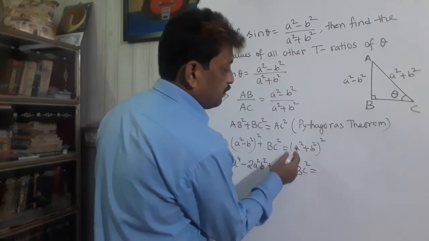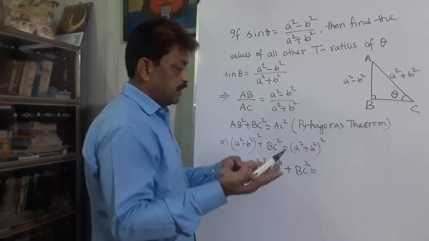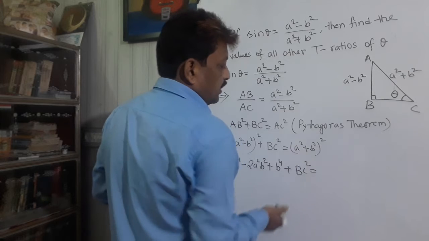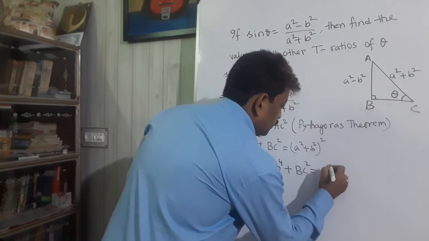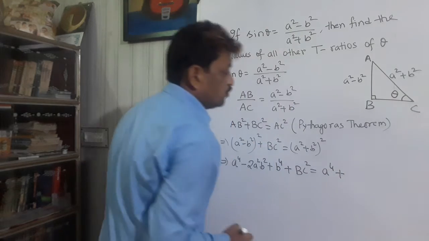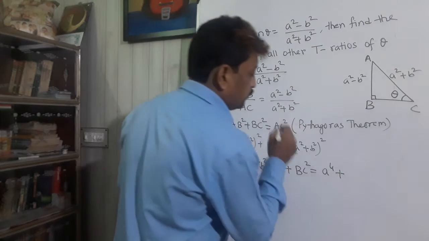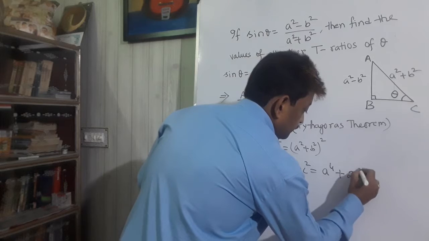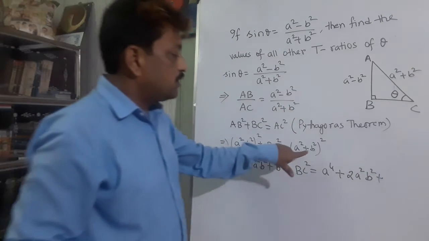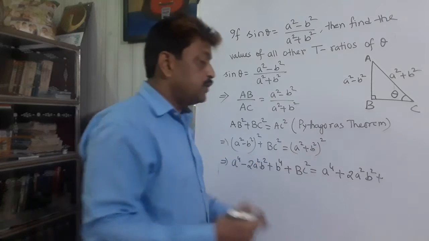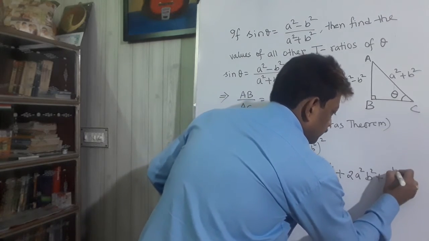This side it is the (x plus y) whole square form. So x square means the square of a square, so it will be a to the power 4, plus 2xy, that means 2 into a square b square, plus y square, that is b to the power 4.